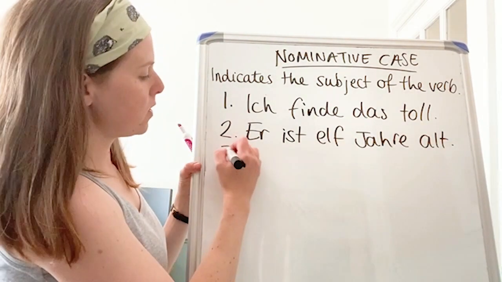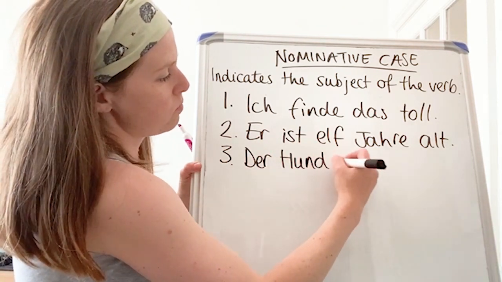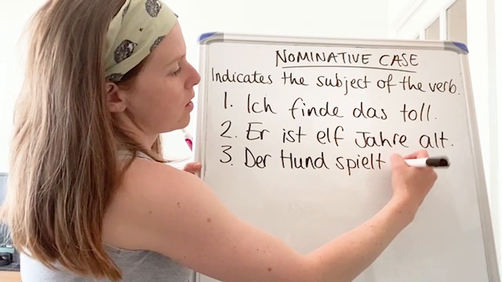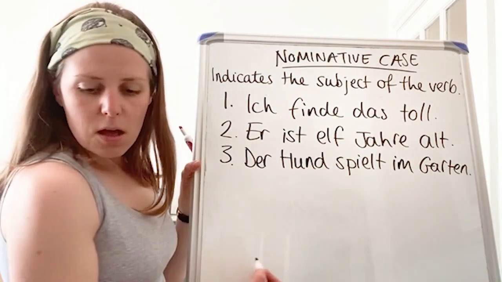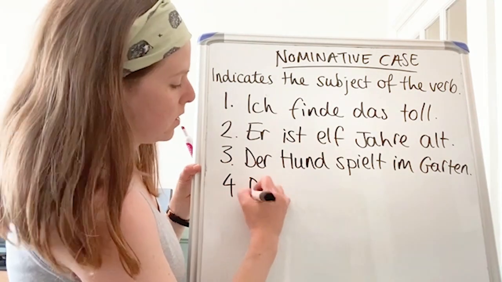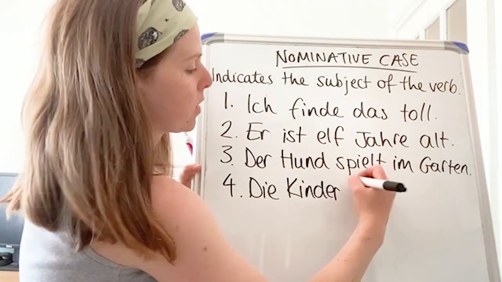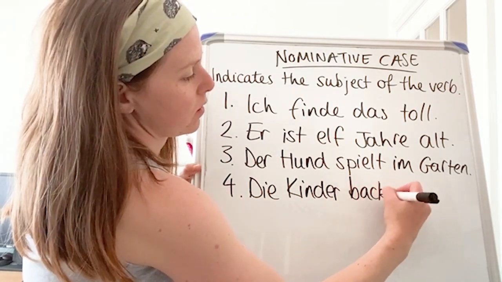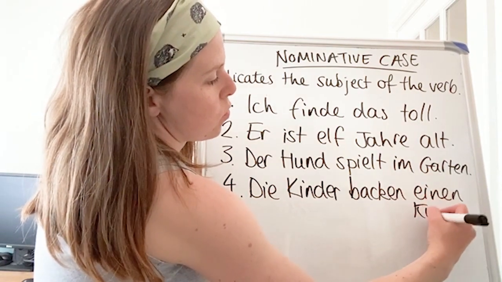The third one, der Hund spielt im Garten. Number 4, die Kinder backen einen Kuchen.